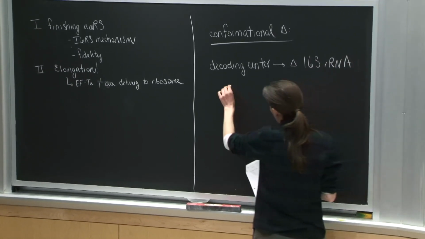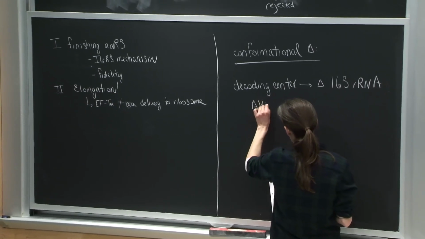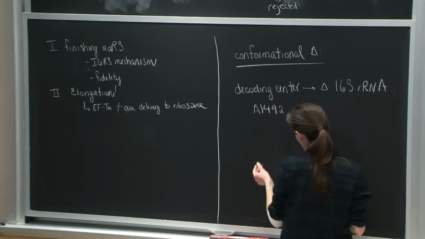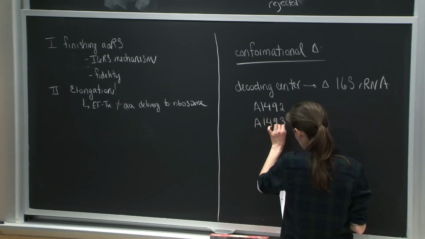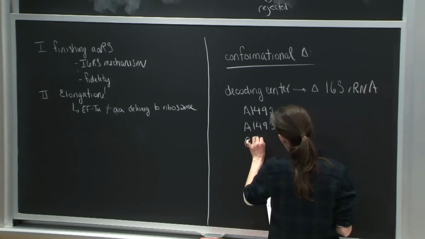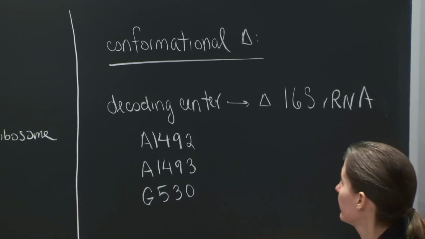And effectively, I'll just point out 3 of the positions. So we have A1492, A1493, and G530 of the 16S.